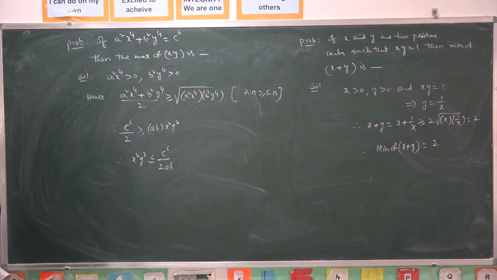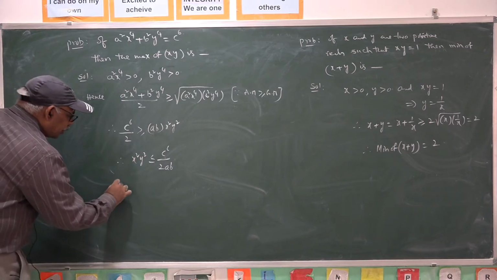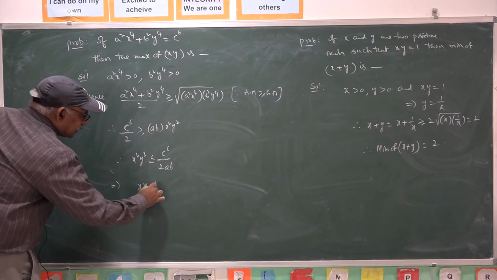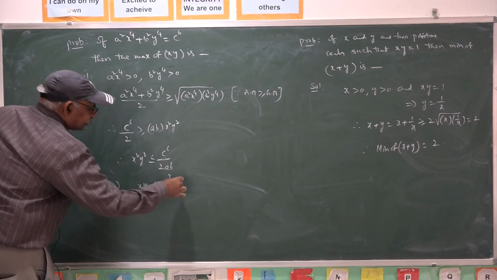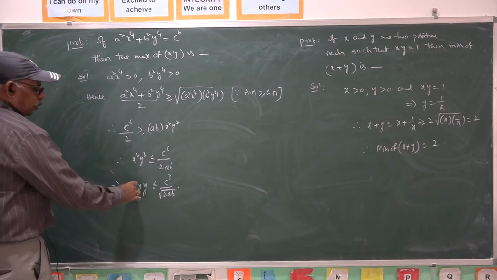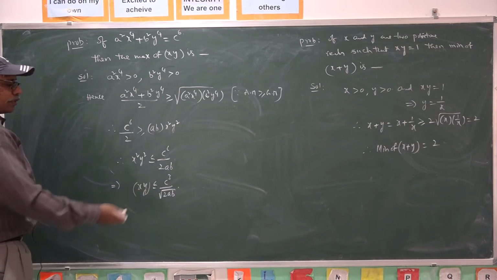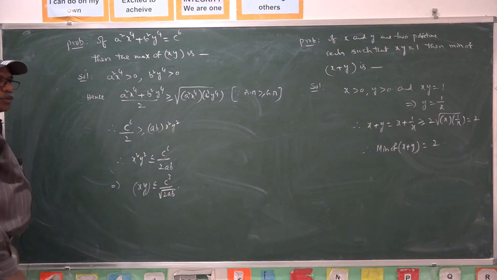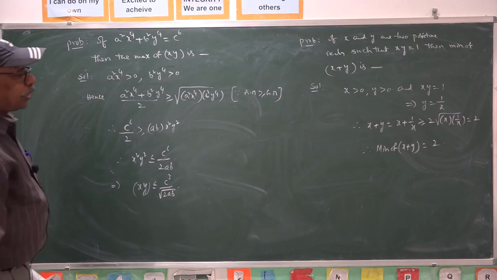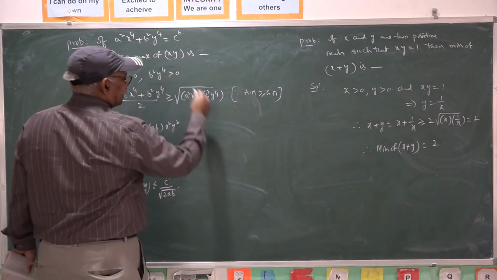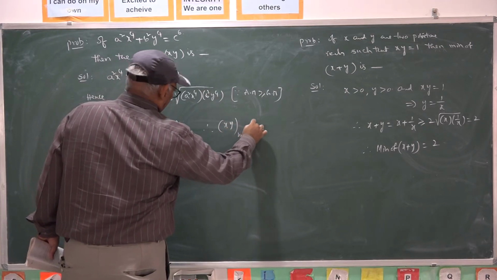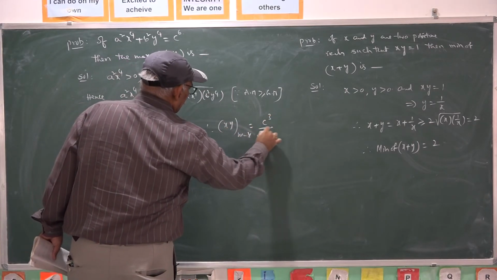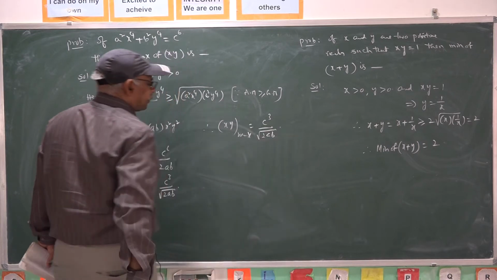x square y square is less than or equal to c power 6 by 2ab, which implies xy is less than or equal to c cube by under root 2ab. So, the maximum value of the product xy is clearly c cube by root over 2ab. So, xy maximum is c cube by root over 2ab itself.